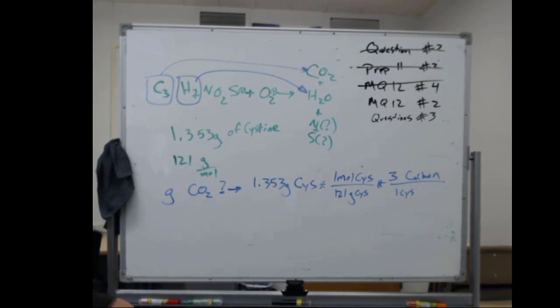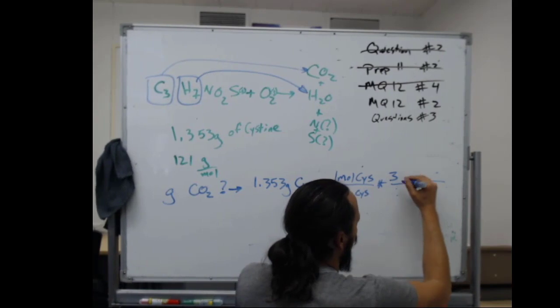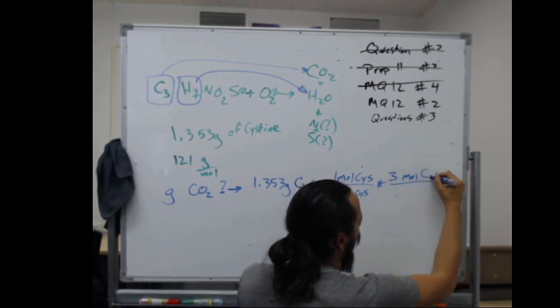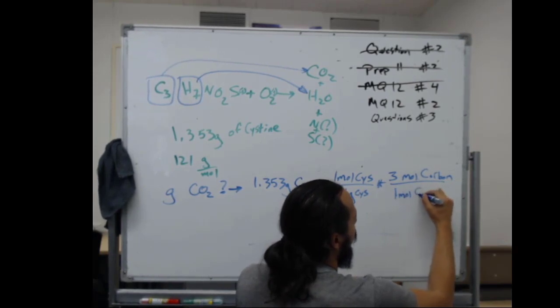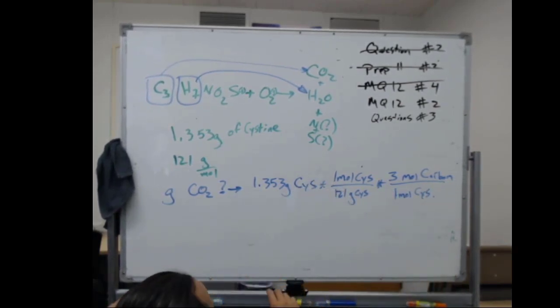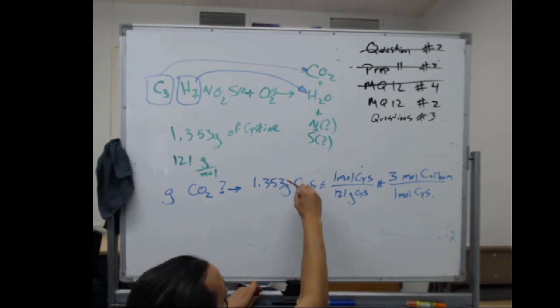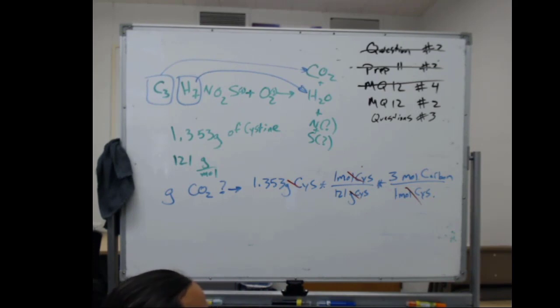More specifically, 3 moles carbon for every 1 mole cysteine. So if you just follow the units here, grams of cysteine is going to cancel out, moles of cysteine is going to cancel out, and I'm going to get moles of carbon.